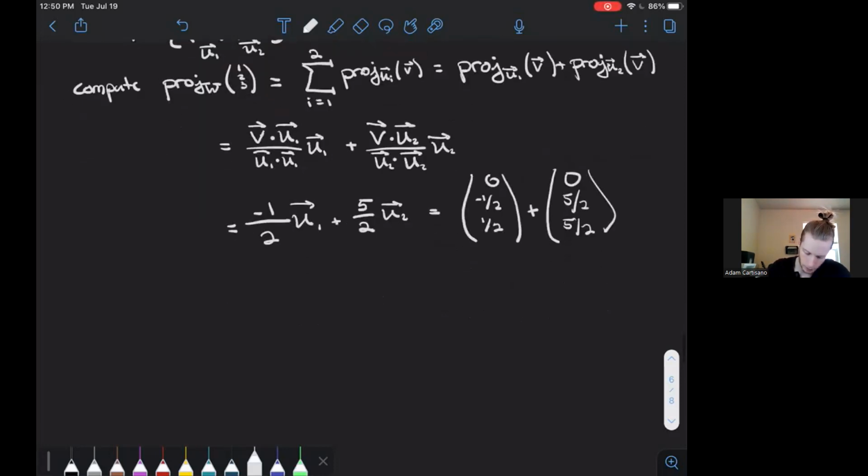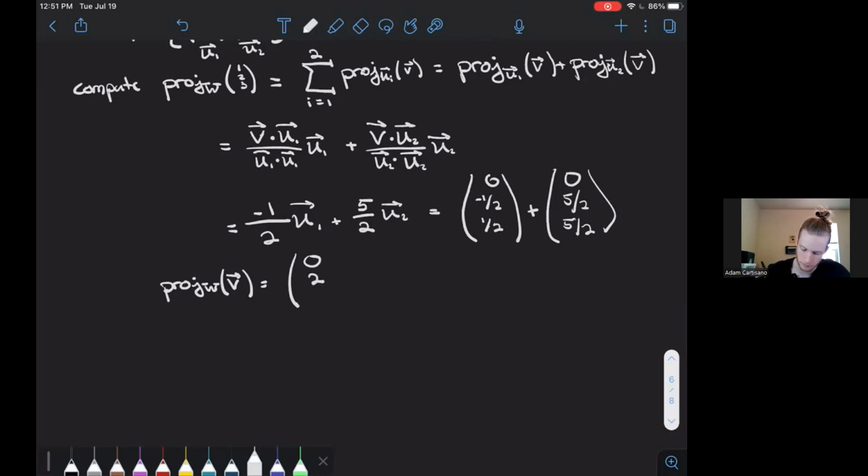And so proj W of V is 0, 4/2, which is 2, and 6/2, which is 3.